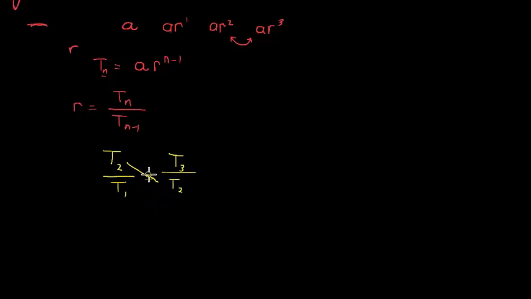Let's try and remember in the previous one, we took that middle term, term 2, and we saw that term 2 is the average between term 1 and term 3. Remember that? Now let's see if we can do something similar. If we multiply both sides with T2 and T1, in other words with the denominators, on this side T1 cancels, so I get T2 squared.